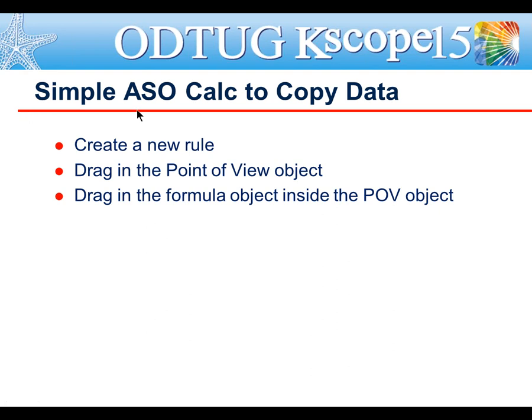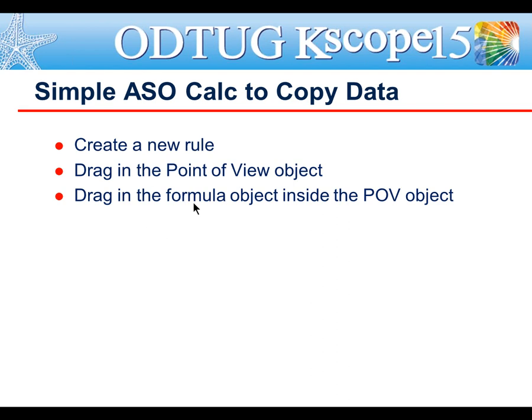How do you use this with ASO? So the workflow is really to create a new rule. You need a point of view object, and you need a formula object within the point of view object. Now, these are persistent calcs in ASO. Of course, we know that basically all calcs in ASO are dynamic.